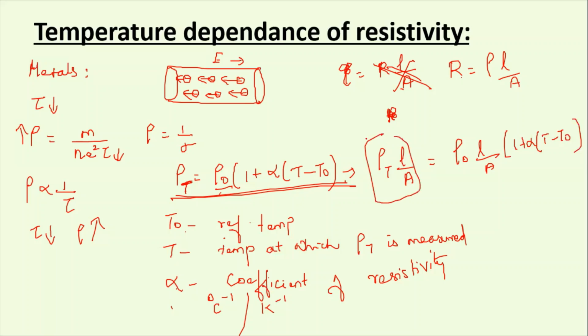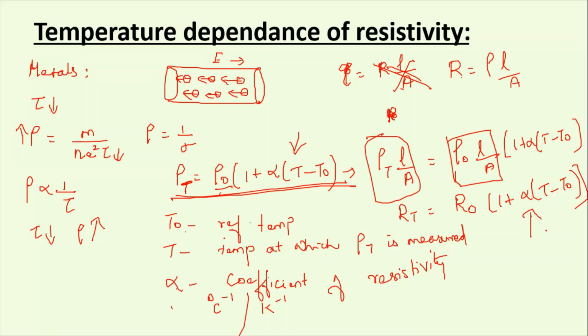So this can be written as R T is equal to R naught into 1 plus alpha T minus T naught. These two formulas are very important in solving numericals, be it for CBSE examination or JEE examinations. So you have to remember these two formulas.